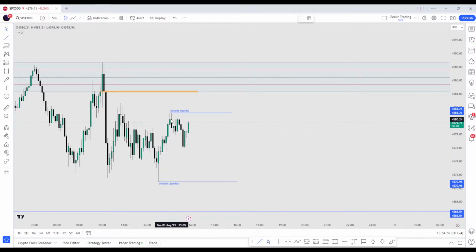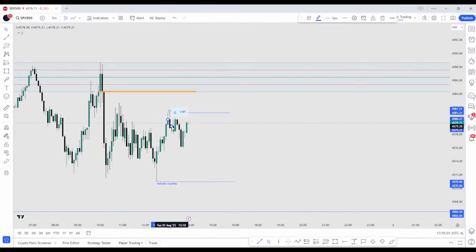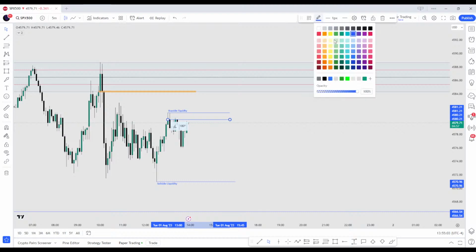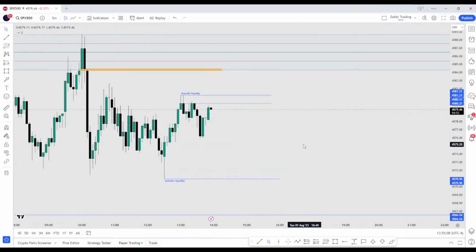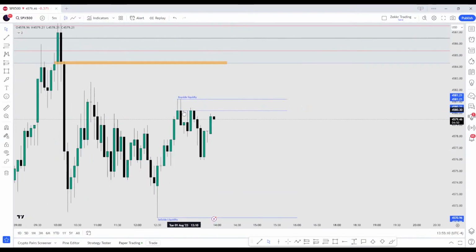We could also see we come into a rejection block, which I would prefer, because ICT said that a rejection block acts as liquidity, and you see we got 1, 2, 3, 4 equal bodies. What does ICT say? Bodies tell the story, and then wicks do the damage. So if we sweep those equal bodies, I would count it as a liquidity sweep as well.